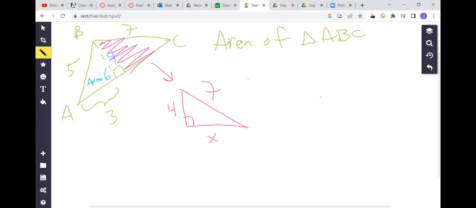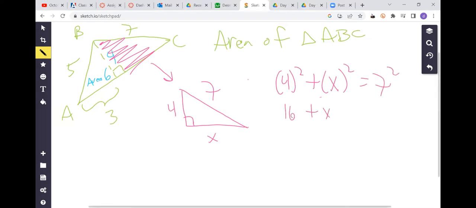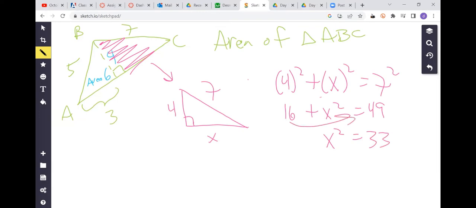So let's find the value of x with Pythagorean theorem. We can go 4 squared plus x squared equals 7 squared. 16 plus x squared is 49. So x squared is 33, if you subtract 16 from 49, and we get x equals the square root of 33. So right here, this is the square root of 33.